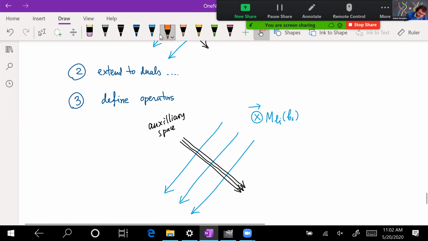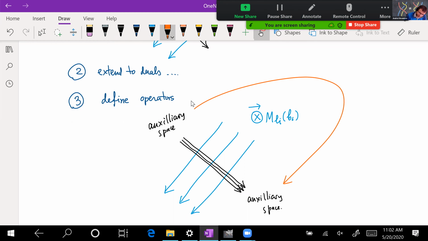So this goes to auxiliary space. Take matrix coefficients here.